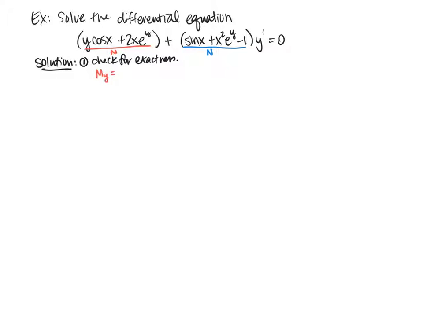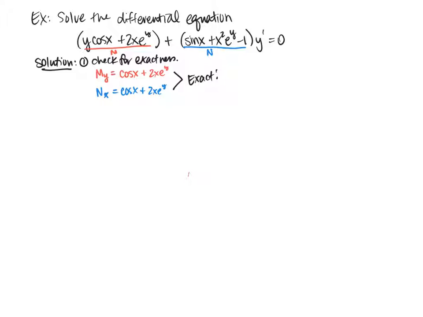Well, it's going to be cosine x plus 2x e to the y. And what is n sub x going to be equal to? Well, the partial derivative of y sine x with respect to x is cosine x, plus the partial derivative of x squared e to the y with respect to x is 2x e to the y. And then the derivative of 1 is 0 with respect to x. So I have that those two things are equal, so I know that this equation is exact.